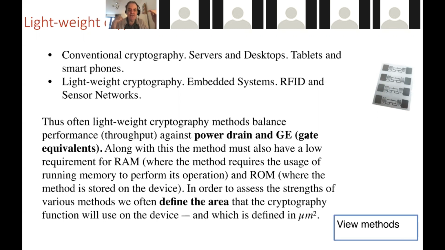Do you need 256-bit security, or is 30-bit security enough for you? So we take those and then we look at how efficient it is for power drain, because a sensor might only have a limited amount of battery available. So we need to understand how much the crypto drains the battery.